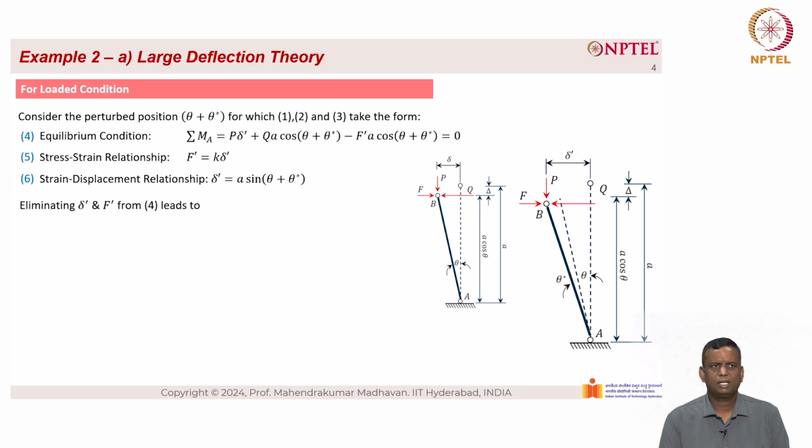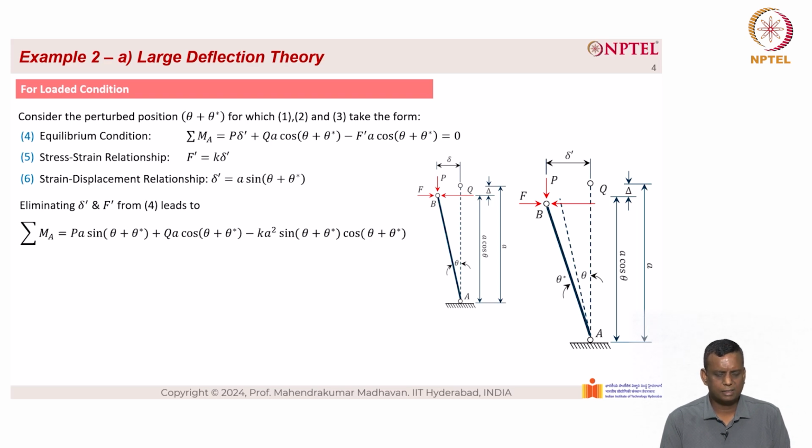Similarly, when we eliminate delta dash and F dash from equation 4, it leads to the following equation: sigma MA equal to PA into sine of theta plus theta star plus QA into cos of theta plus theta star minus Ka square into sine of theta plus theta star into cos of theta plus theta star.